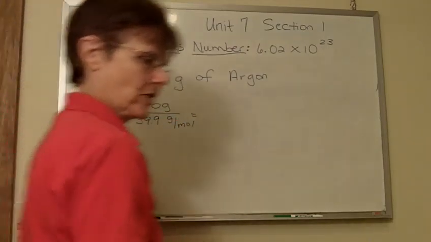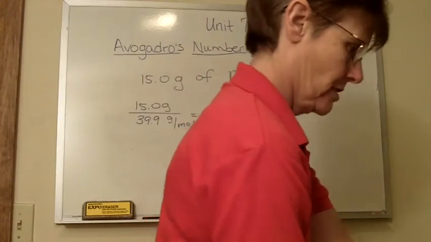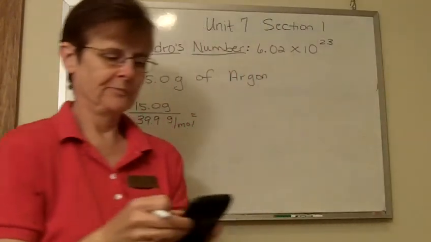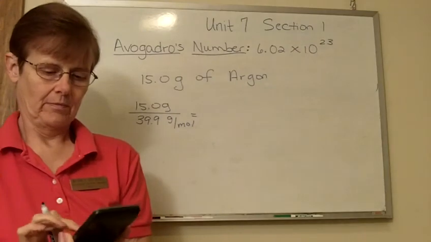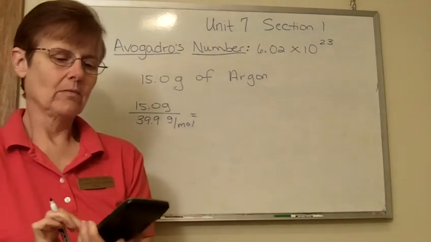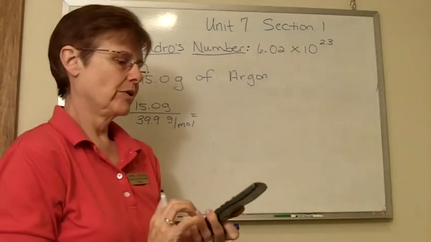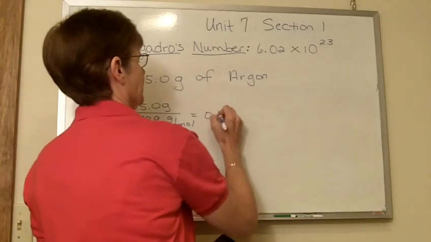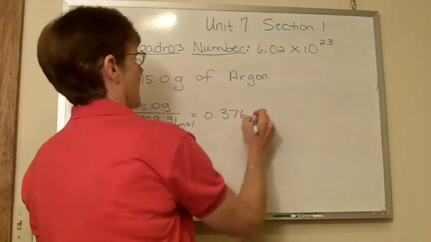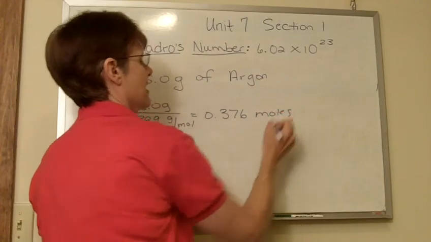So 15 over 39.9. Calculator. That gives me 0.376. And that's the number of moles in that sample.